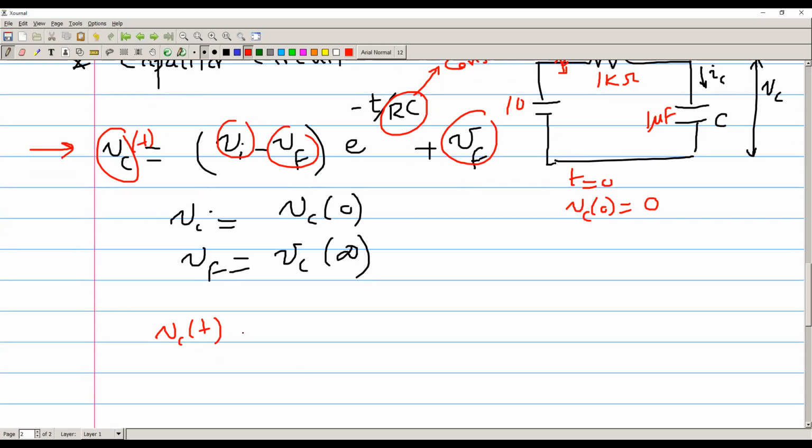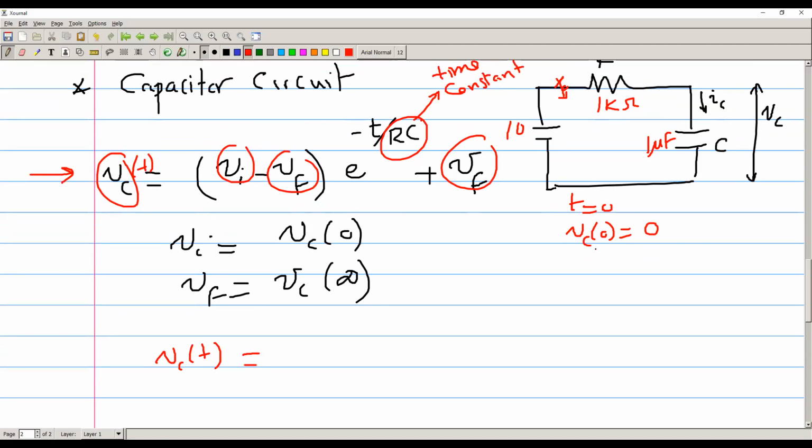So VC of t will be equal to what? V initial is equal to what here? 0, right? So it's going to be 0 minus V final. What is the final value? If I leave this circuit forever, what do I expect to have at the end? No, actually, this will charge until the voltage here is exactly equal to the voltage source.